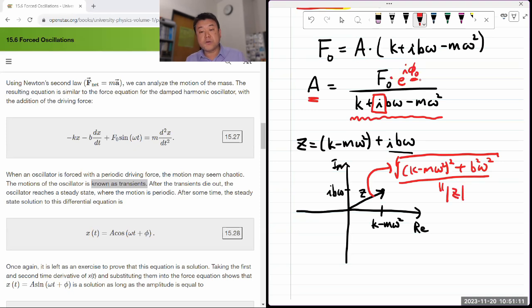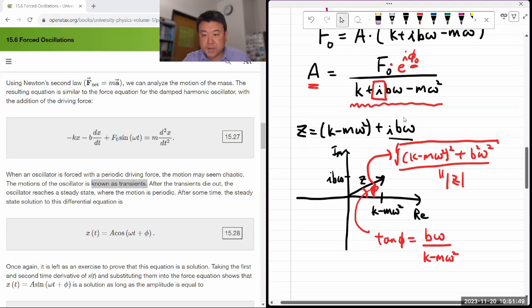And as for the phase factor, this angle phi here, the same geometric relationships hold. Tangent of phi is the y component over the x component, b omega divided by k minus m omega squared.